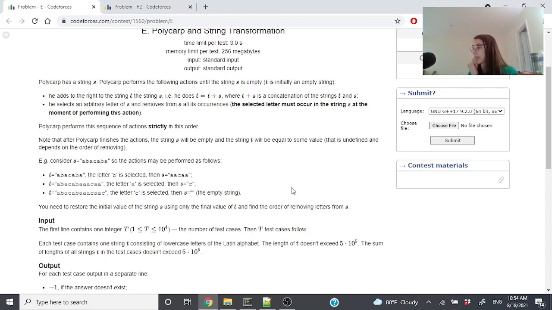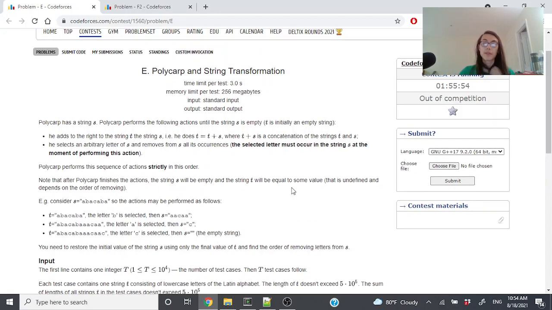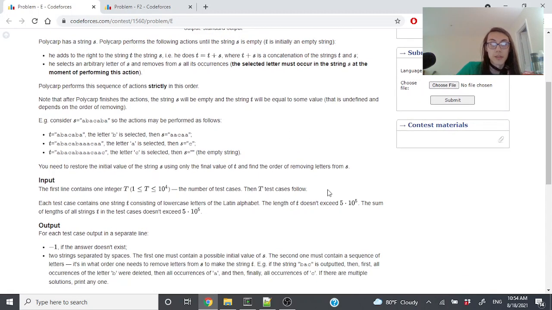So let's look at the last character. Actually, first we can find the number of characters in S, and it will tell us the number of characters in T. That would be the number of times the operation was done.